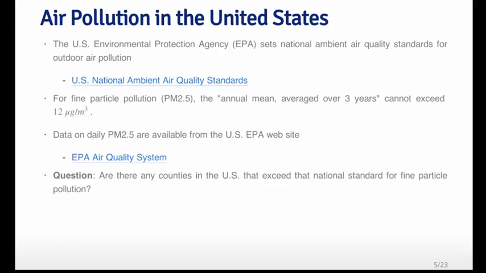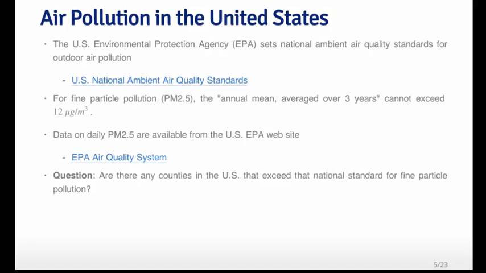The particular type of air pollutant we're going to look at is called fine particle pollution, or PM2.5. The standard in the United States is that the annual mean averaged over 3 years at a given location cannot exceed 12 micrograms per meter cubed. Any state that exceeds this level of 12 micrograms per meter cubed, when you take the annual mean and average it over 3 years, is considered to be out of compliance with the national standards.